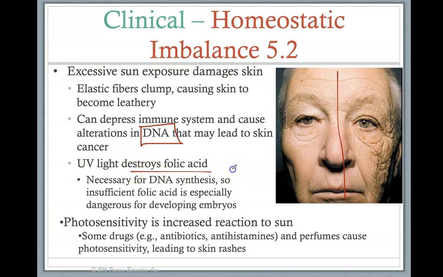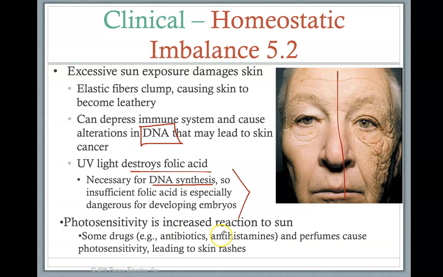So this is why if you're pregnant, oftentimes they ask you to take folic acid, because that folic acid is really important for DNA synthesis. And for individuals that don't have enough folic acid, or are outside quite a bit and that folic acid is being destroyed by UV light, then they don't have enough for their developing embryos, and this can cause all kinds of neurological issues.